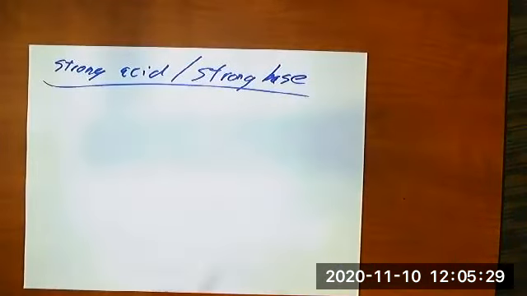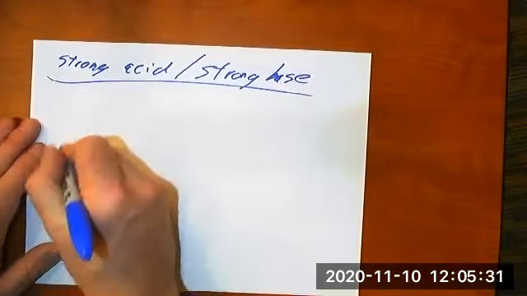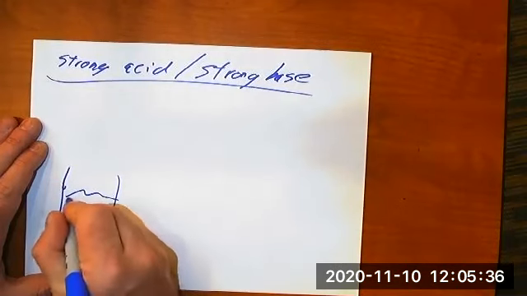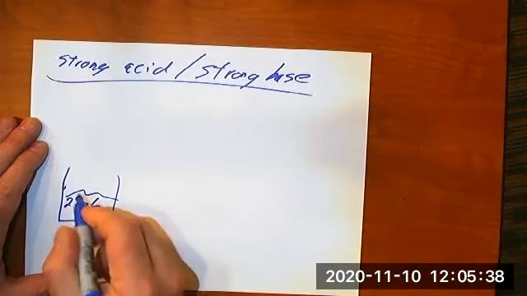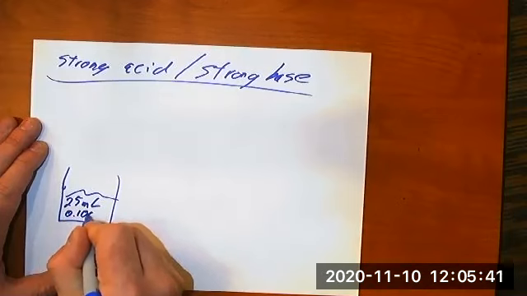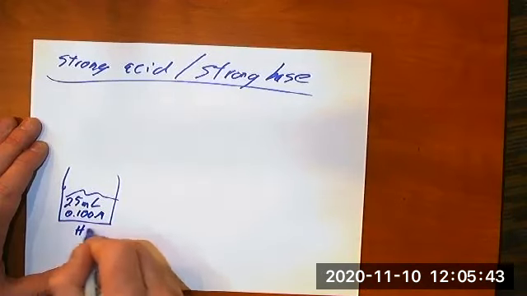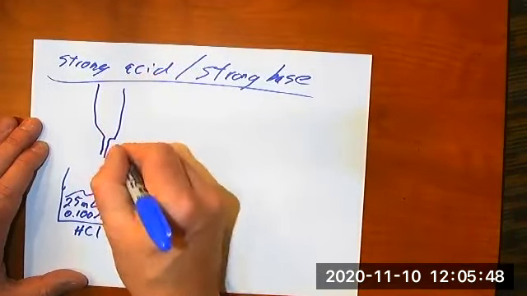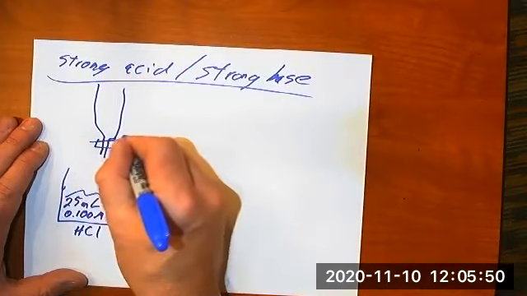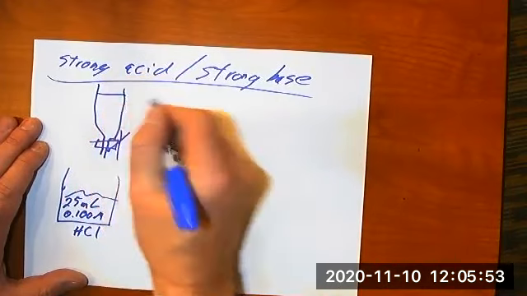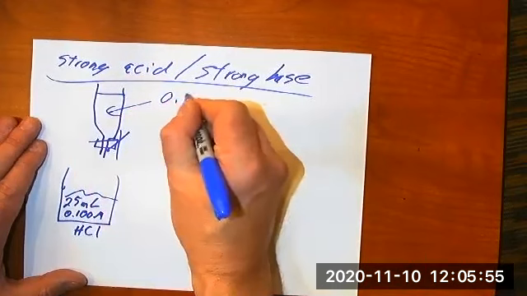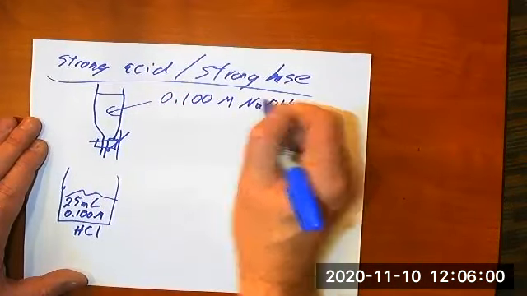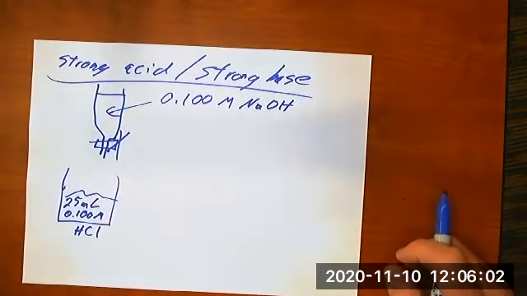And so we are going to start with, in our beaker, 25 mL of 0.100 molar HCl, and in our burette, we are going to have 0.100 molar sodium hydroxide that we can then control how much of that we are adding.